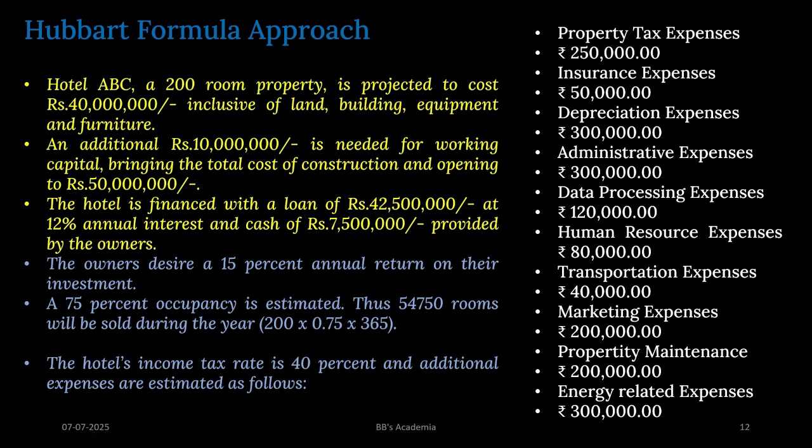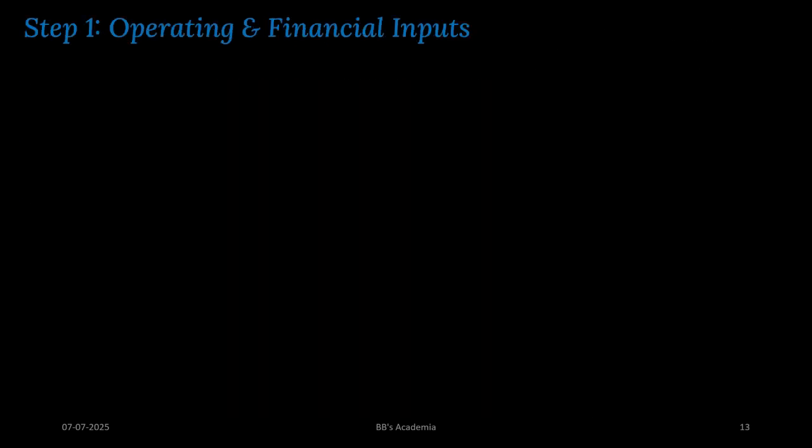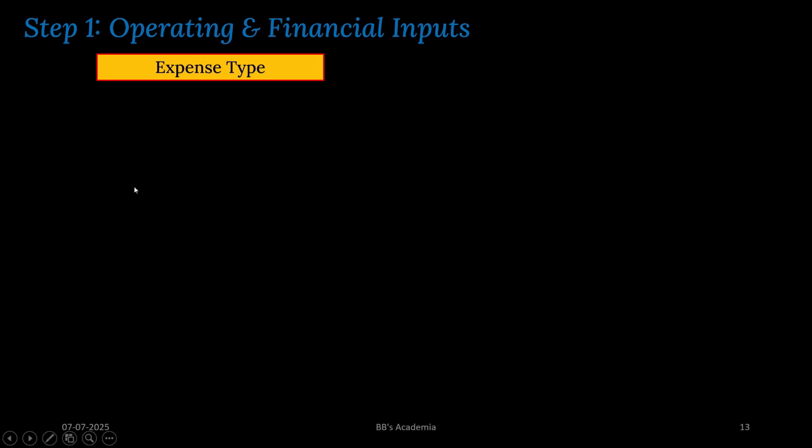Now depending on these, you have to apply the Hubbart formula to calculate the projected ADR, that means average daily rate. Step 1: let us calculate the operating and financial inputs.